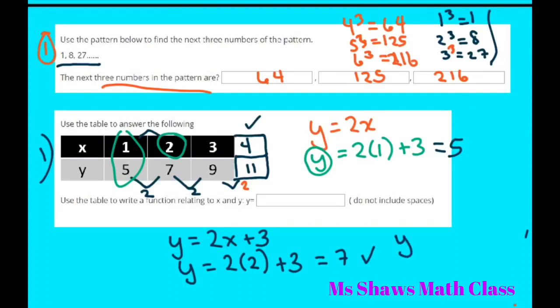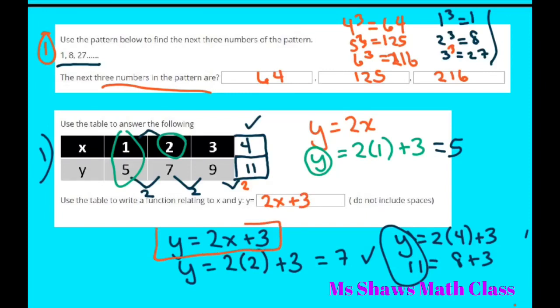Y equals 2 times 4 plus 3, that would be 8 plus 3, which equals our 11 for y. And so we're going to write y equals 2x plus 3. A lot of times when you're doing these, it takes time to think about them. You can't rush through them.